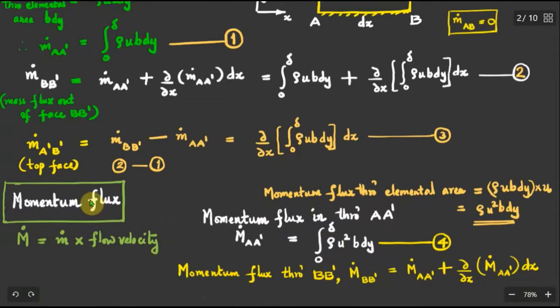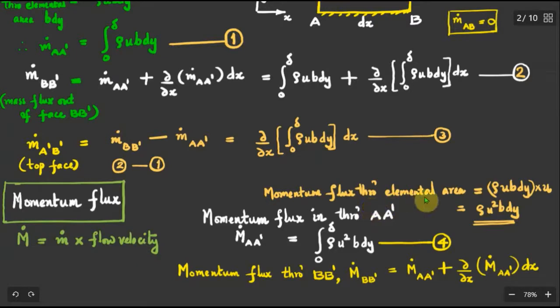So the momentum rate, you can call momentum flux. So momentum flux, let it be capital M dot for the time being, is equal to the mass flow rate m dot multiplied by the corresponding flow velocity.